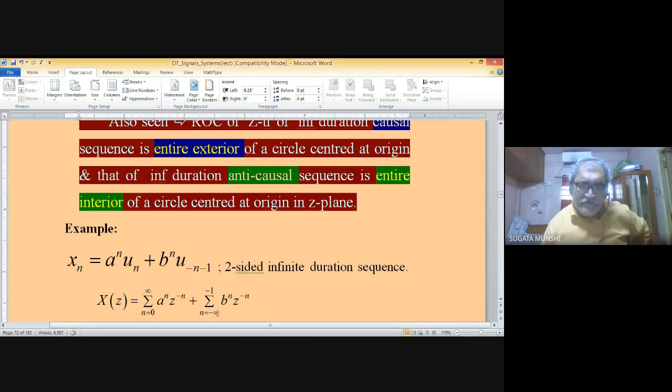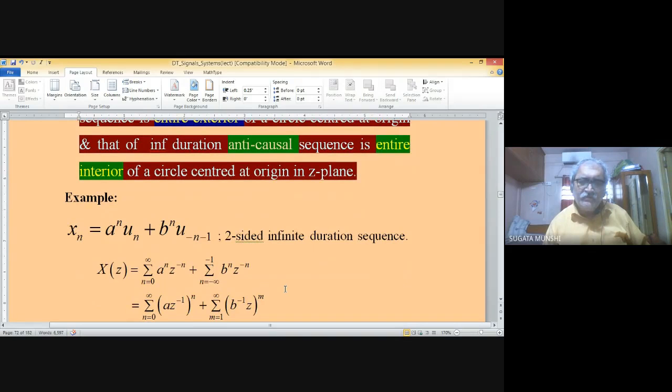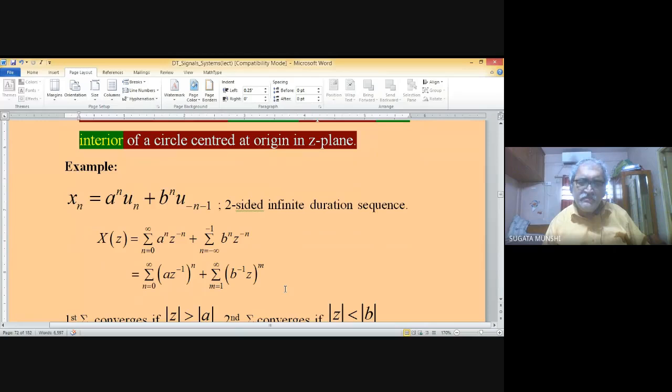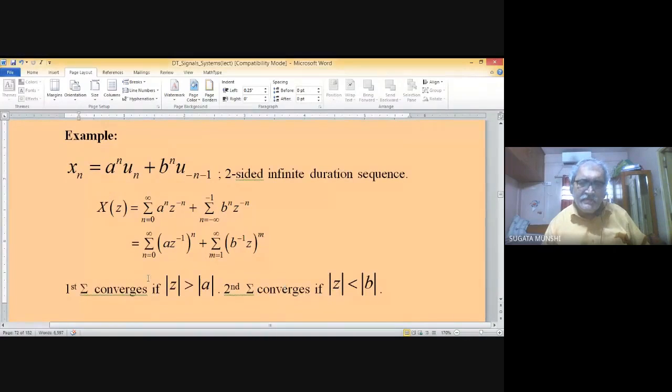Over this span, n equal to minus infinity to minus 1, u[-n-1] is 1. So that's why you have come up with such an expression. I have carried out the mathematical maneuvering, and this is the expression for the summations.